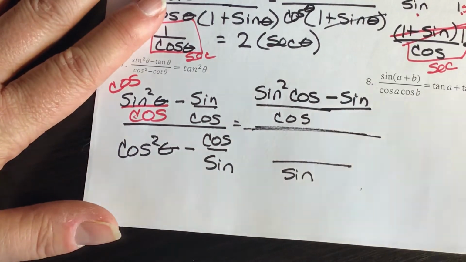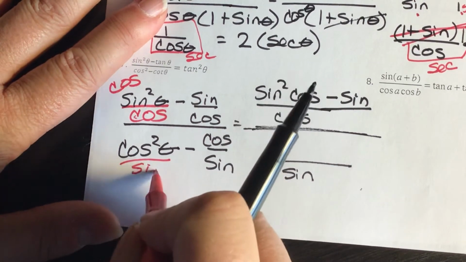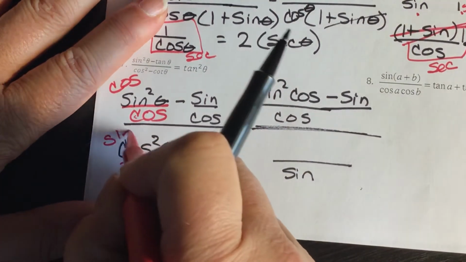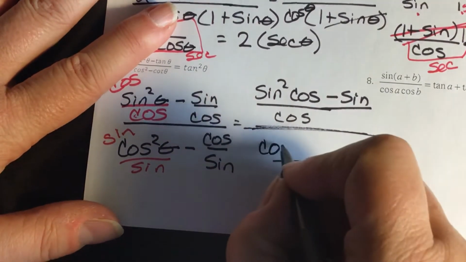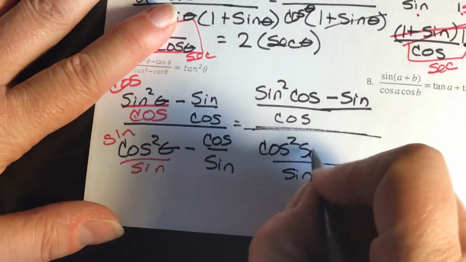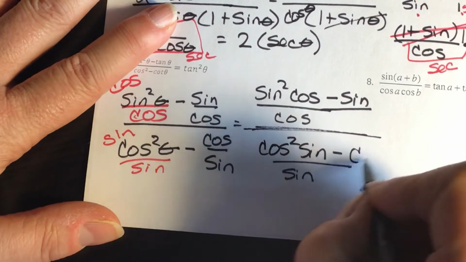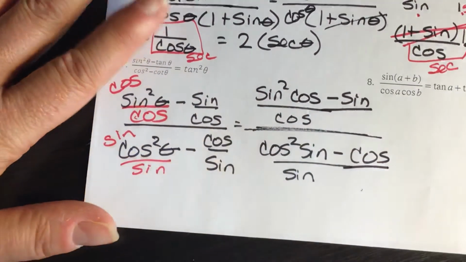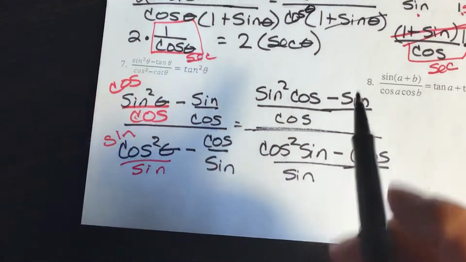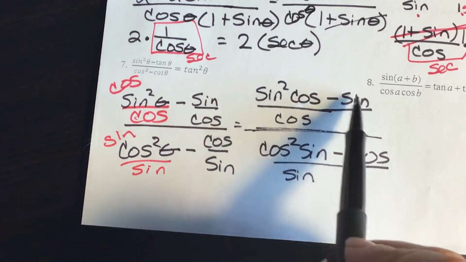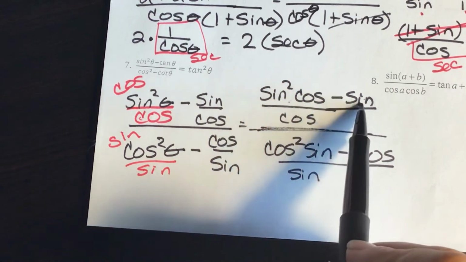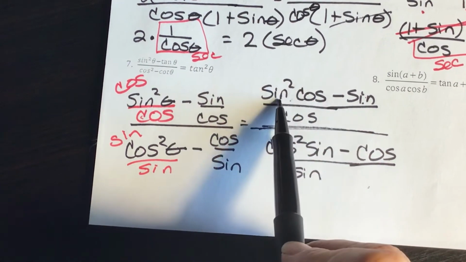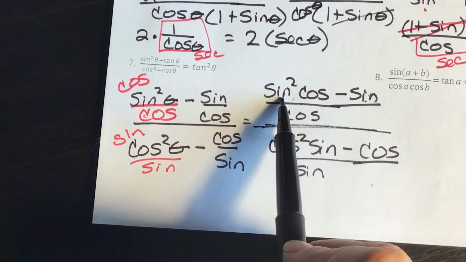And to get a sine here, I need to multiply by sine on top. So this will be cosine squared sine minus cosine.